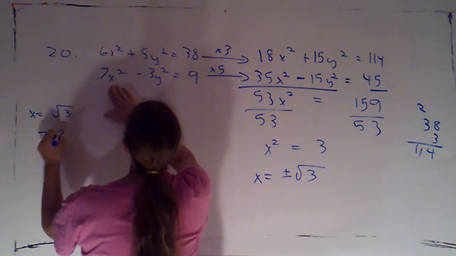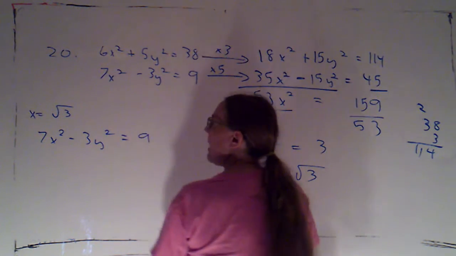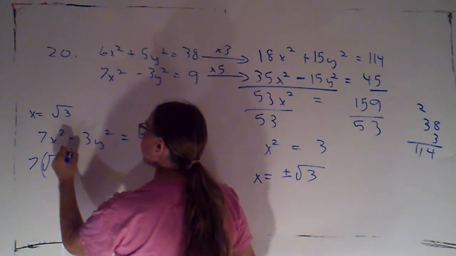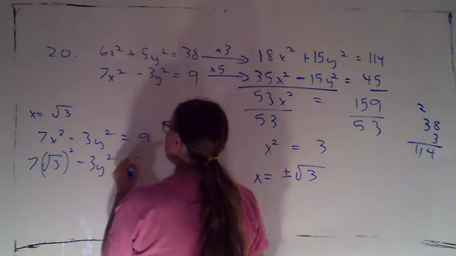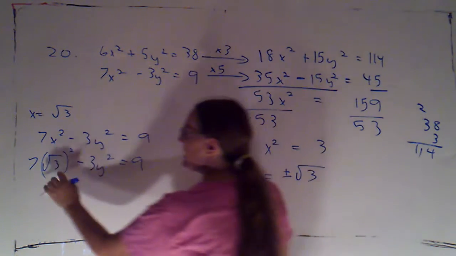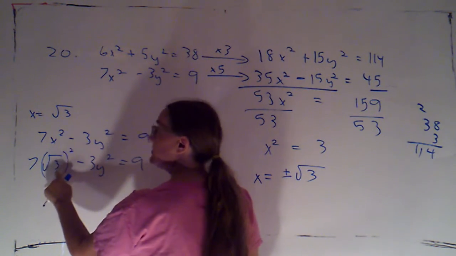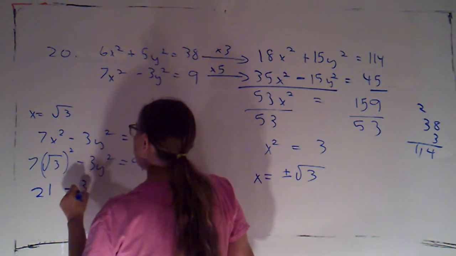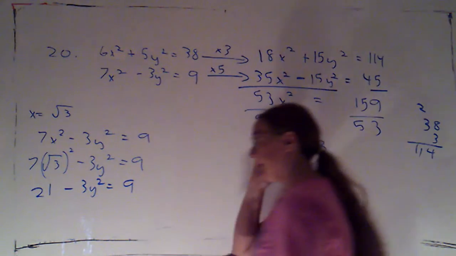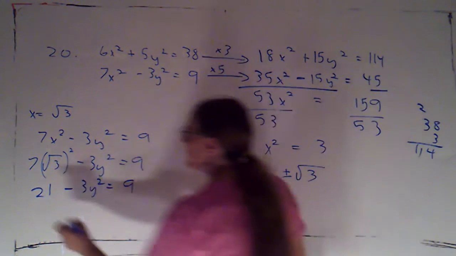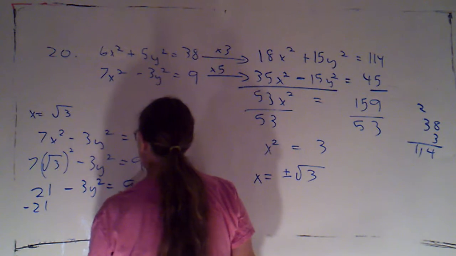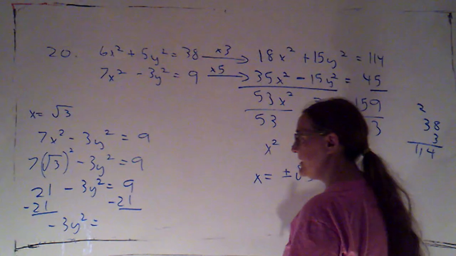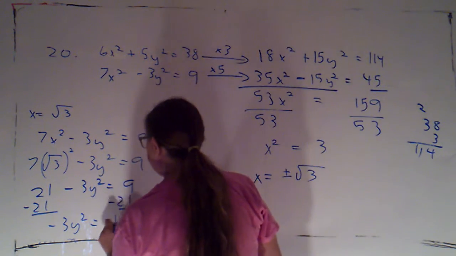So 7x squared minus 3y squared equals 9. Okay, that's 7 times root 3 squared minus 3y squared equals 9. Root 3 squared is just 3. So 7 times 3 will be 21 minus 3y squared is equal to 9. I'm going to subtract over that 21. So negative 3y squared is equal to negative 12.